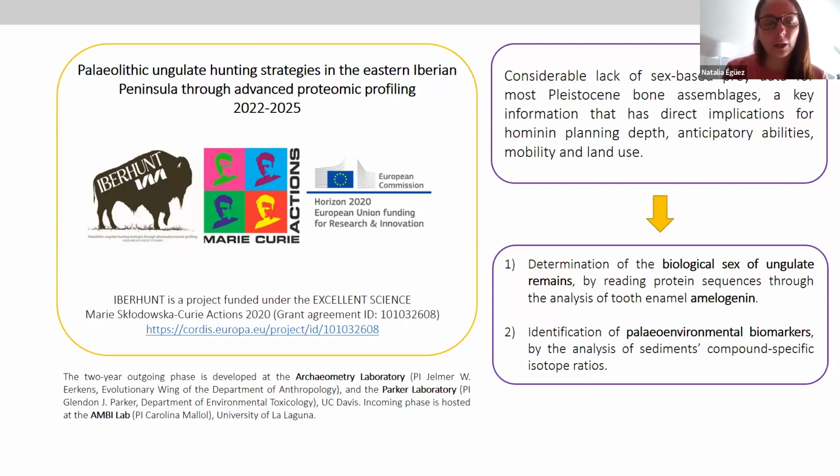So we are trying to test if we can distinguish biological sex by looking into this protein that is in the enamel of the teeth, because there are many questions about the sex of the prey and the issue of selection of prey, as we've seen in some talks today, right?